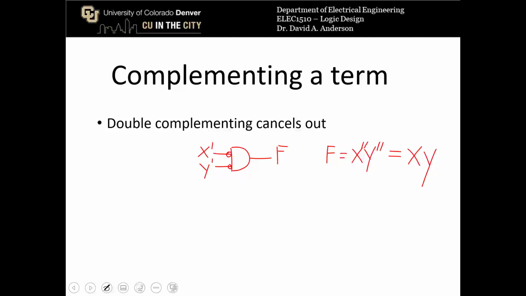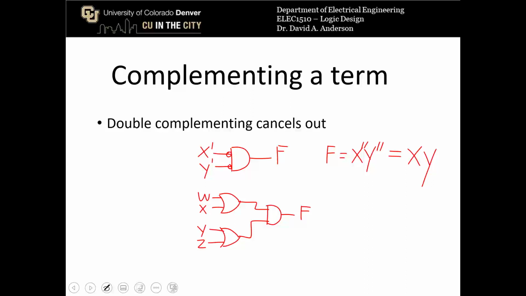So let's say I have a more complicated function now, where f is going to be equal to a product of sums with w, x, y, and z.